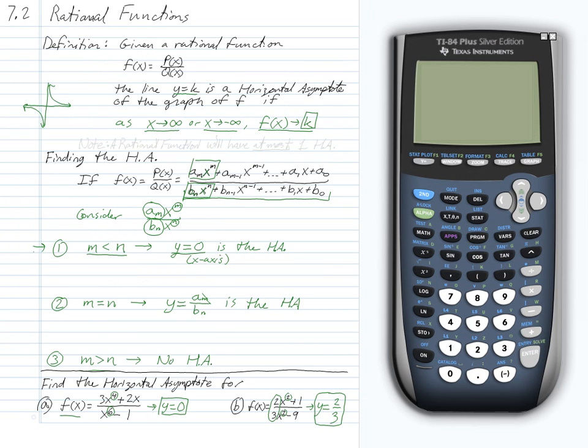Now it is worth noting at this point that there will only ever be one horizontal asymptote for a rational function. A rational function will only have at most one horizontal asymptote.